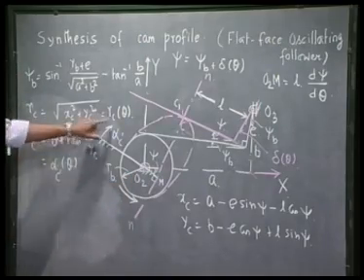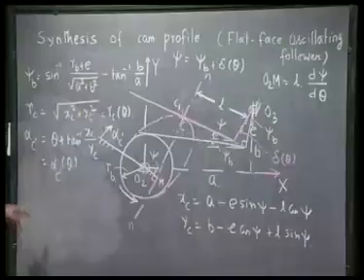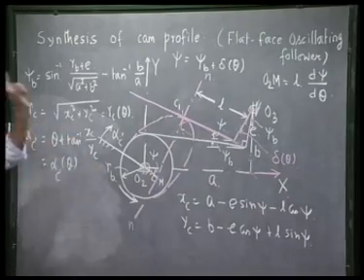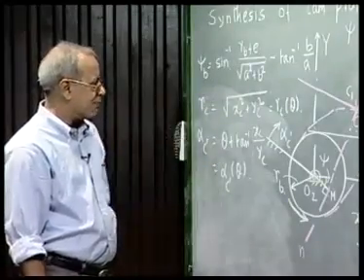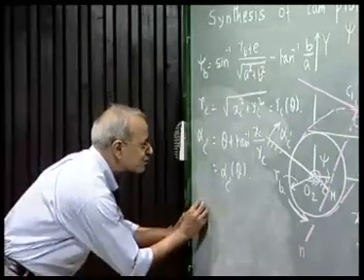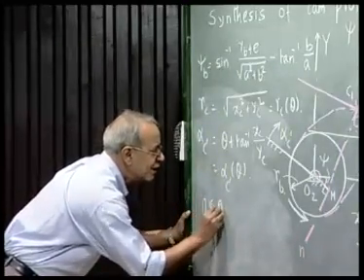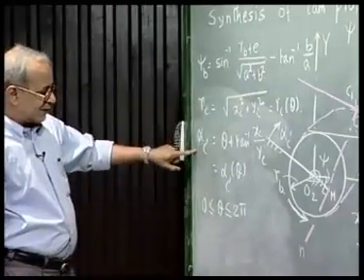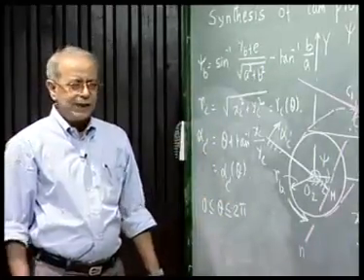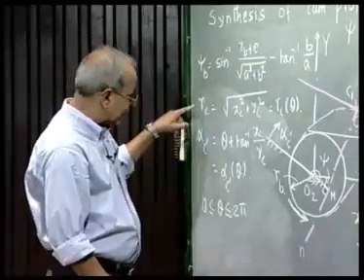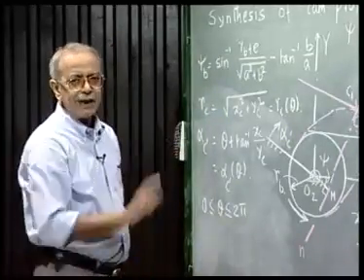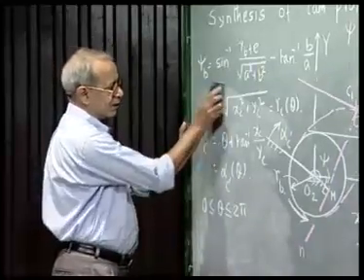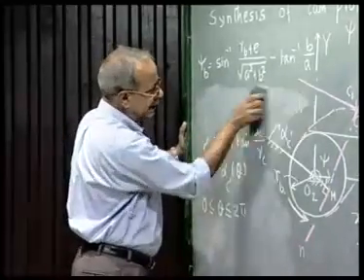Rc, which we can get for various values of theta, alpha c prime, which I can again get for various values of theta, but theta represents the cam rotation. So varying theta from 0 to 2 pi, I can get Rc and alpha c for various values of theta. Then plotting those values of Rc and alpha c prime, I get the cam profile, as we have done in case of translating followers. This portion is exactly as before.